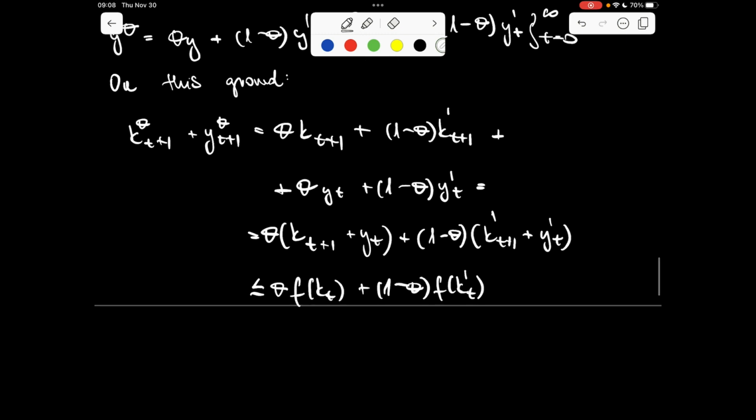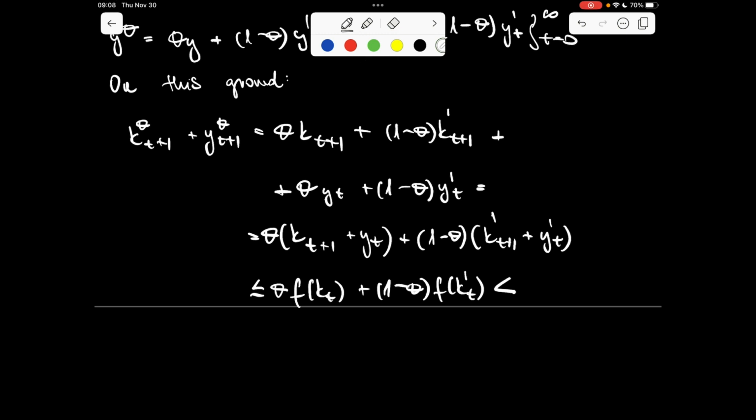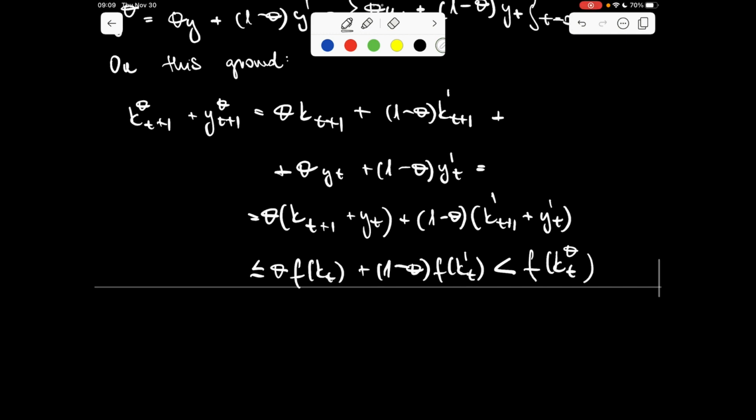And because function f is strictly concave, we have this inequality. So in consequence, we can say that this is true.